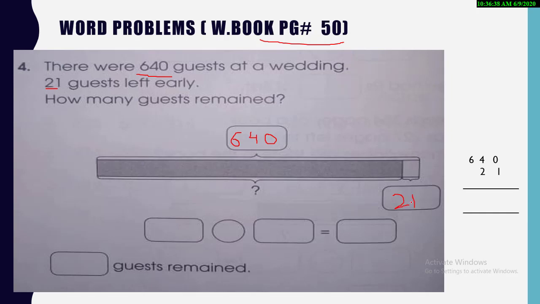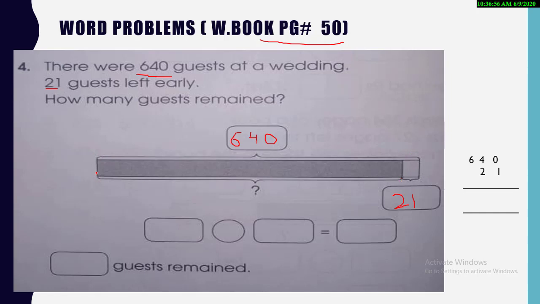Now we are going to find out the value of this piece. It looks long, but I told you for addition you find the value of the whole, and for subtraction you find the value of one piece that is left.